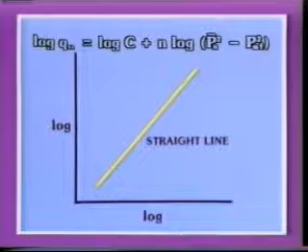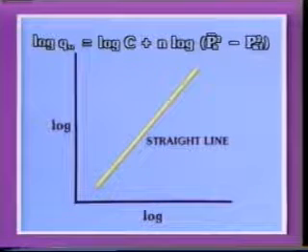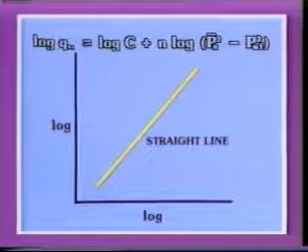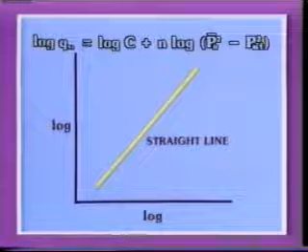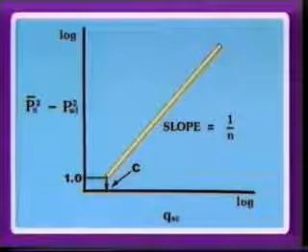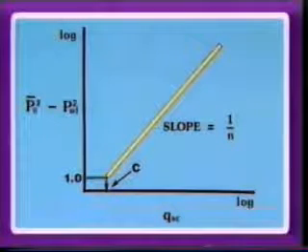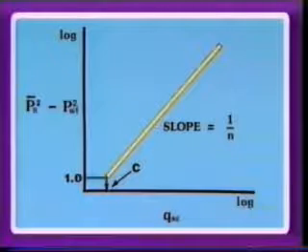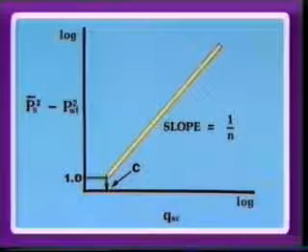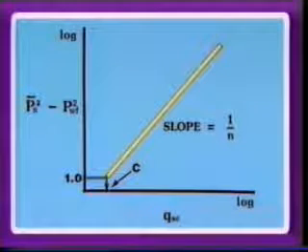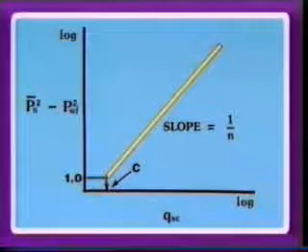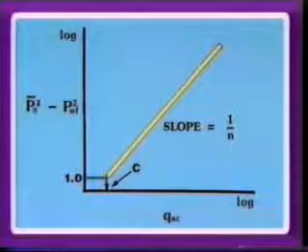If we take the logarithm of both sides, we obtain an equation which is a straight line on log-log paper with a slope of n. It has become conventional to plot P sub R squared minus P sub WF squared versus Q sub SC on the log scale, and therefore the straight line will have a slope of 1 over n.